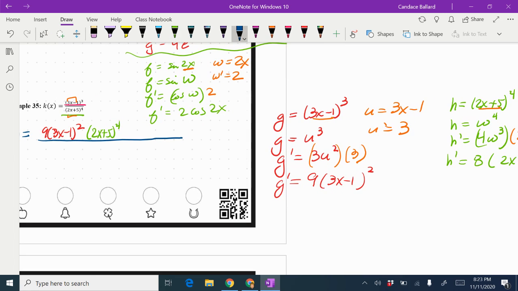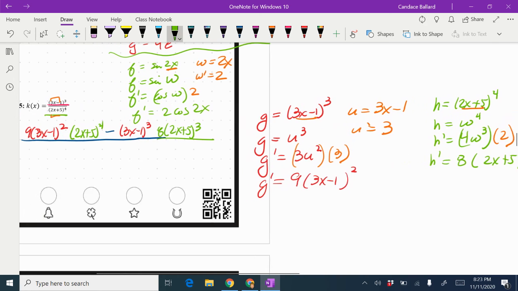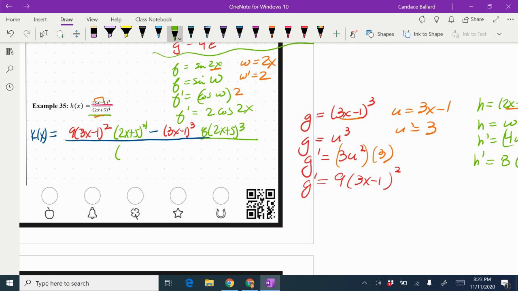We're going to use a subtraction sign. I'm going to keep the red exactly the way it was originally, which is (3x minus 1) cubed. I'm going to take the derivative of the green, which I found to be 8 times (2x plus 5) cubed, all over the original green, (2x plus 5) to the 4th, squared.